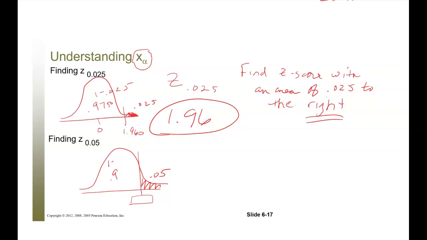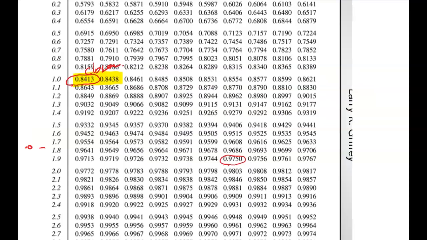Why we look up 1 minus 0.05. Go to your formula sheet. Now I'm going to look up 0.950. All right, so 0.950 is going to be directly between these two particular numbers.